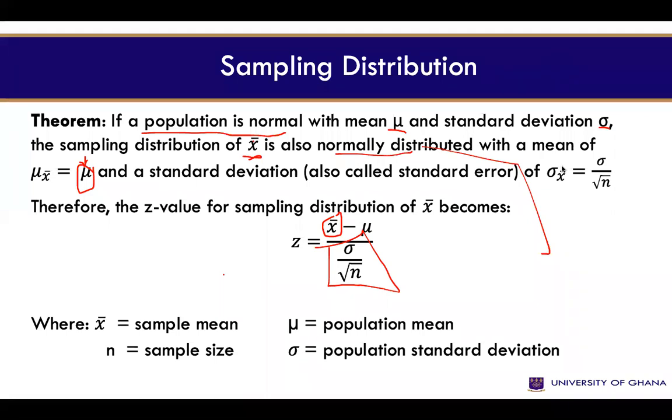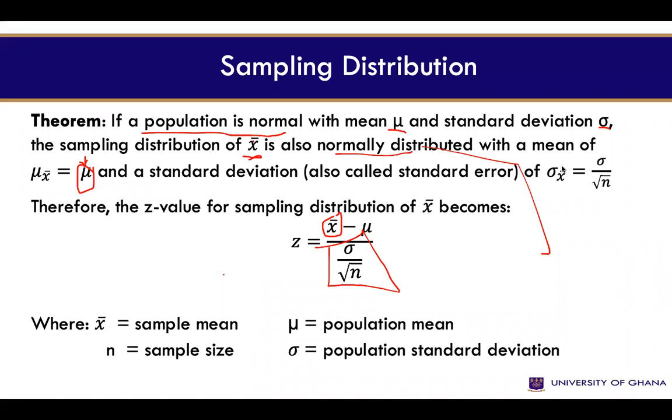So when you are trying to find the probability that the sample mean will be a certain figure or lie within a certain interval, you treat it the way you would a normal distribution. You just do x bar minus mu, divided by the standard error. This time it's not the usual sigma, but the standard error, which is sigma divided by the square root of n.